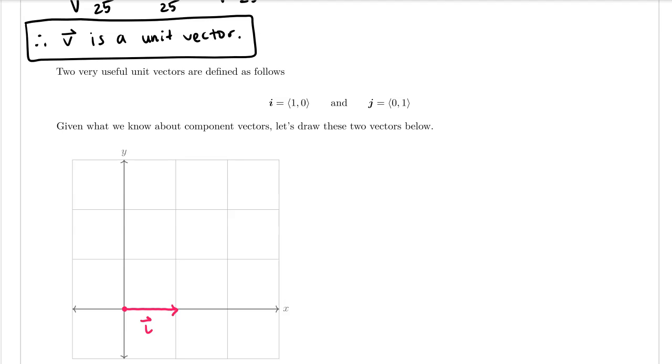And then vector j, we're still starting at the origin, and its terminal point is at 0, 1, so that would be right there, and this is vector j. So that's how we write vector i and vector j, these very special unit vectors.